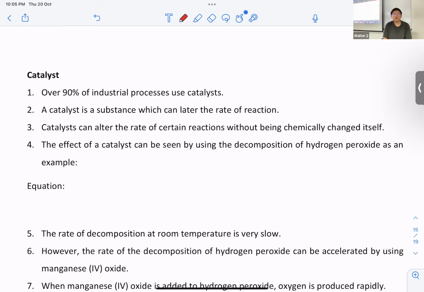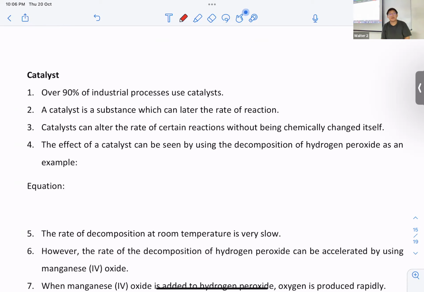There could be collisions, but without the required energy, you cannot form products. That's why initially in the collision theory I explained to you, colliding the particles together is not enough. The collision must fulfill the requirements, for example, achieving the activation energy and also colliding in the right orientation.